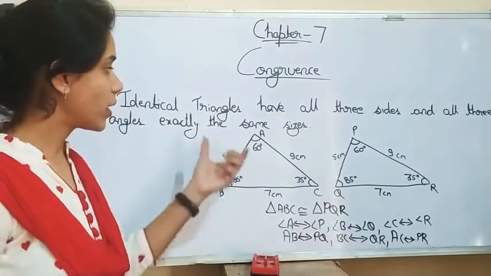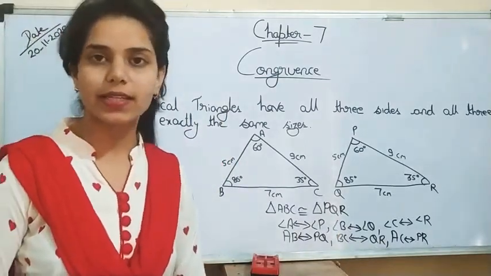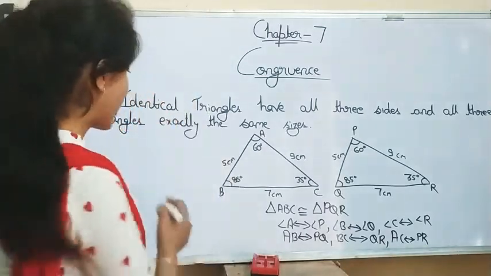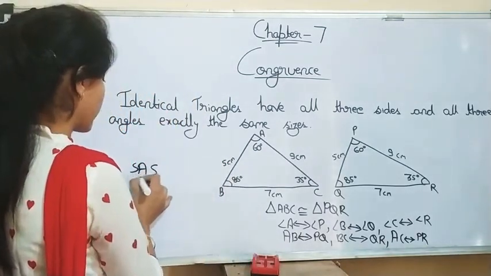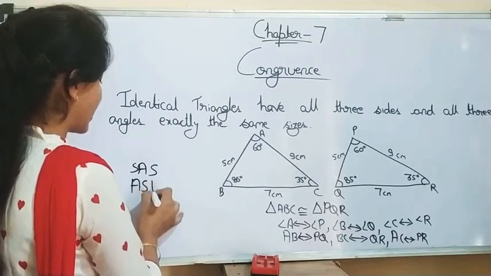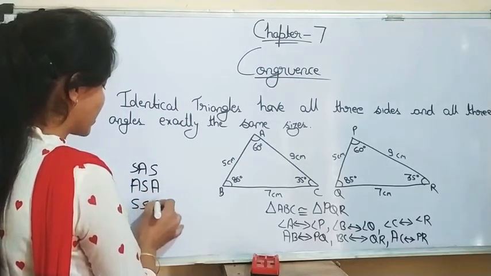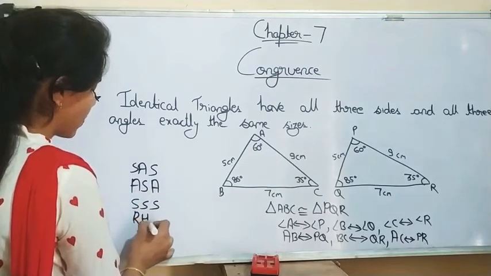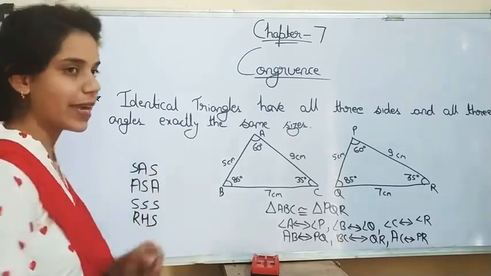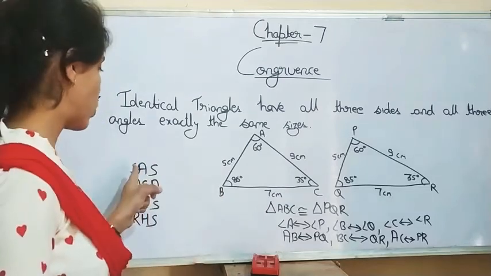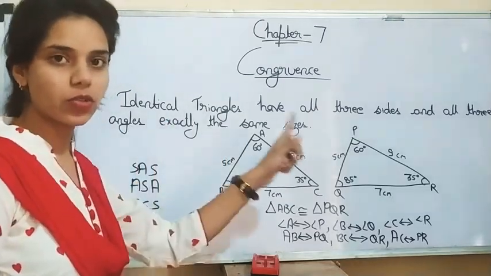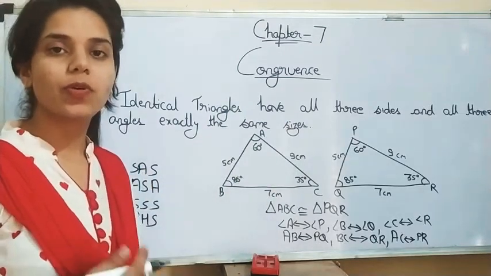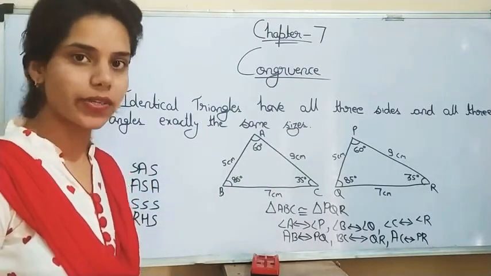Now, what are the conditions for congruency of triangles? There are various types of conditions like SAS, ASA, SSS, and RHS. So, side, angle, side: if two sides and the included angle of one triangle are equal to two sides and the included angle of another triangle, then both triangles are said to be congruent.